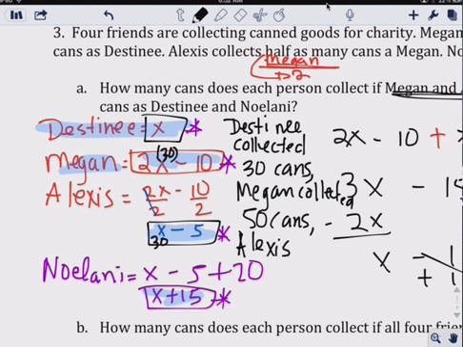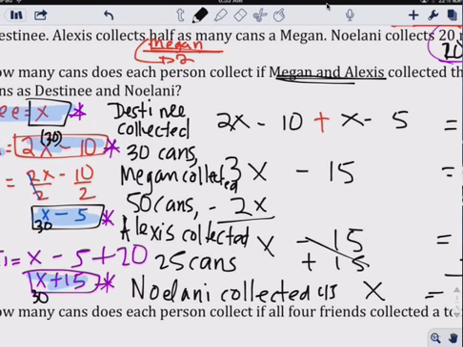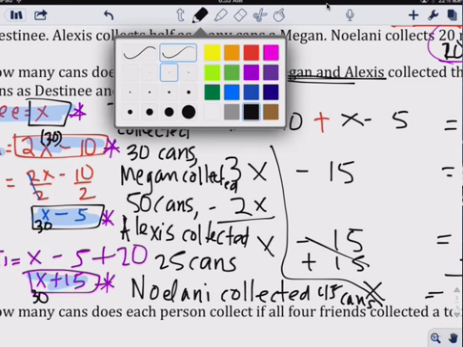Alexis collected 25 cans. And Nolani was Destiny plus 15, so 30 plus 15. So Nolani collected 45 cans. Okay, so this is our answer.